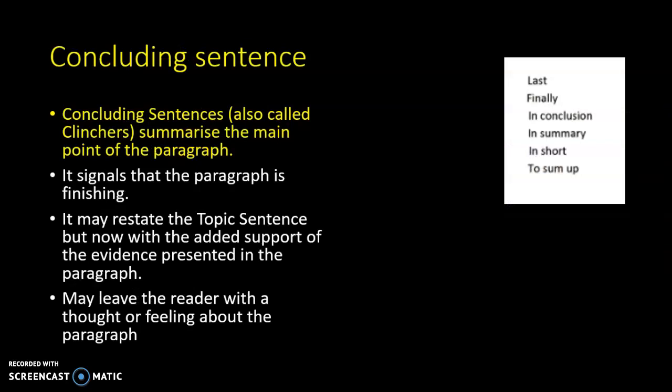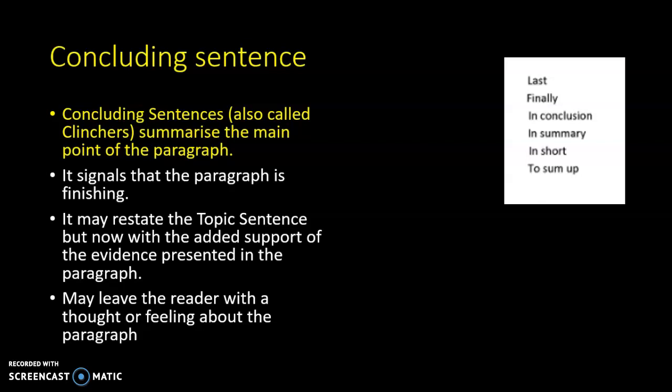A concluding sentence, which is also called a clincher, summarises the main point of the paragraph. It signals that the paragraph is finishing, and it may actually restate the topic sentence, but now with the added support of evidence presented in the paragraph. A concluding sentence will leave the reader with a thought or feeling about the paragraph.